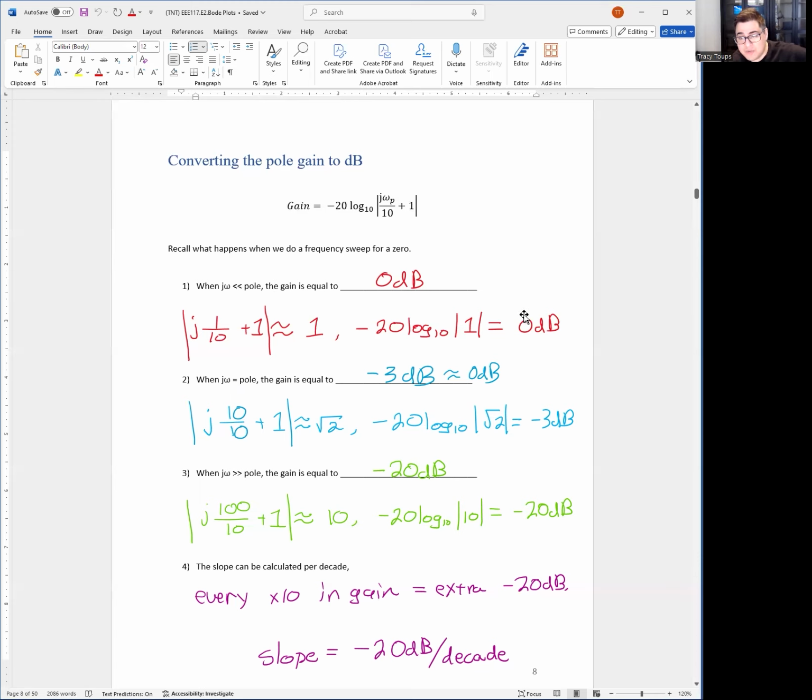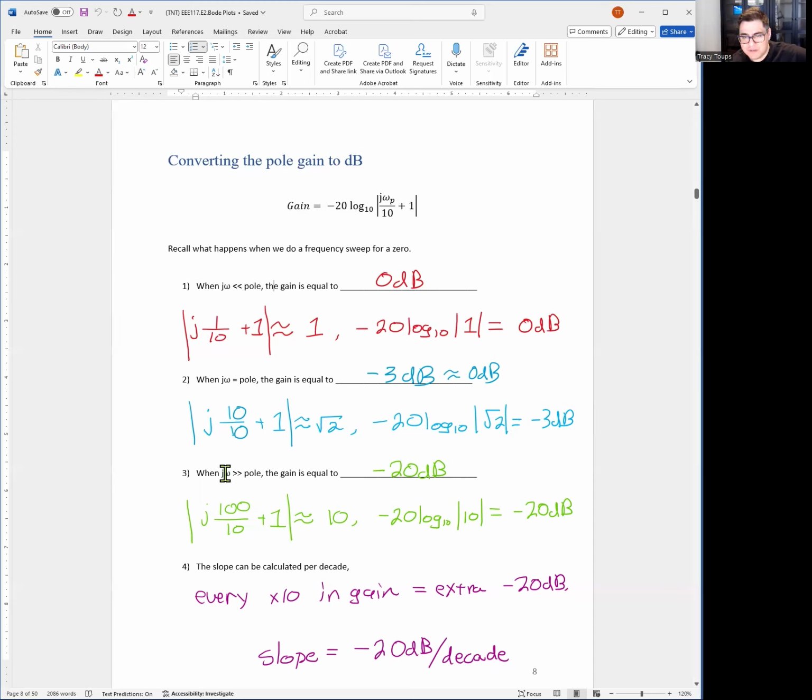Notice we went from 0 to negative 3, so something's happening. Remember, this is what we talked about last time: when we hit that pole level, the circuit starts changing. And this is that change we're starting to see. It's a negative 3 dB. And anywhere afterwards, we're really going to start seeing a loss of the gain.